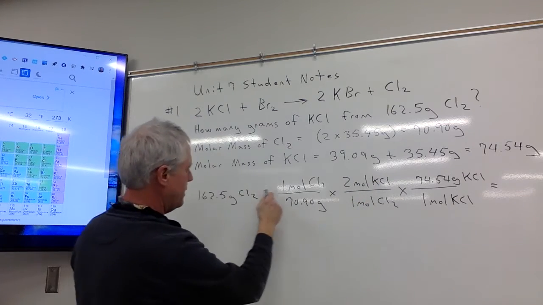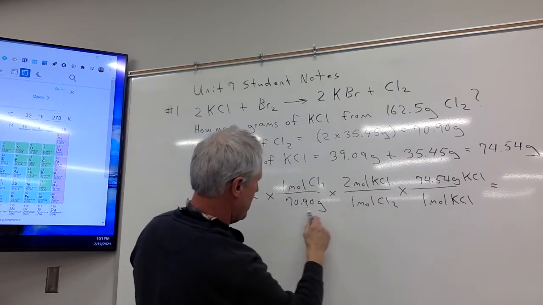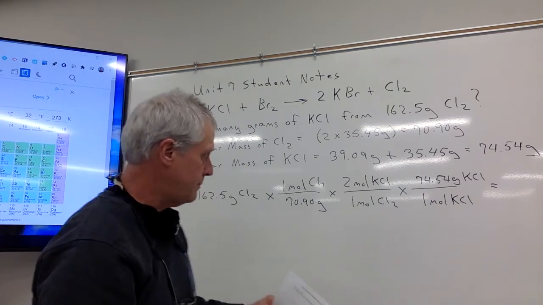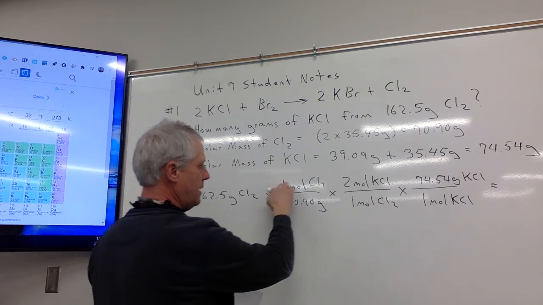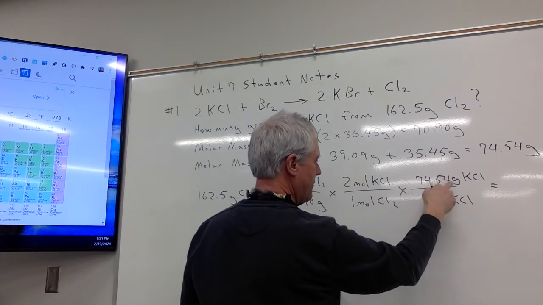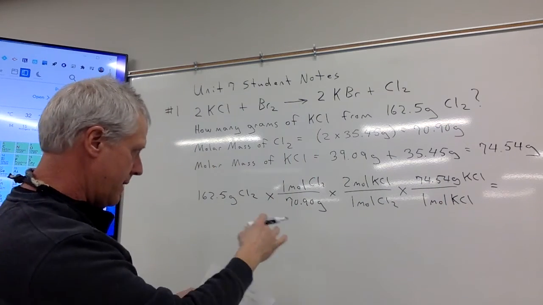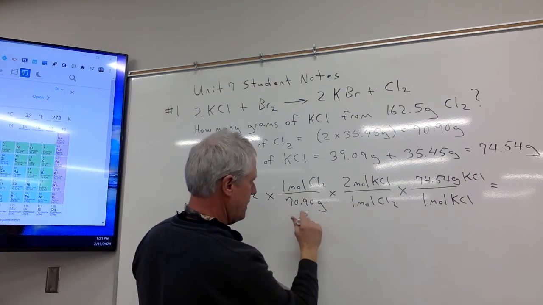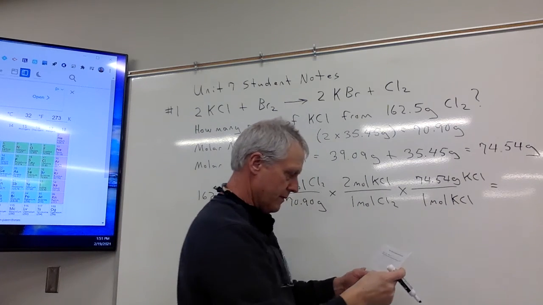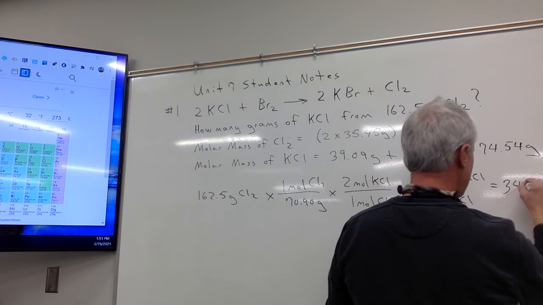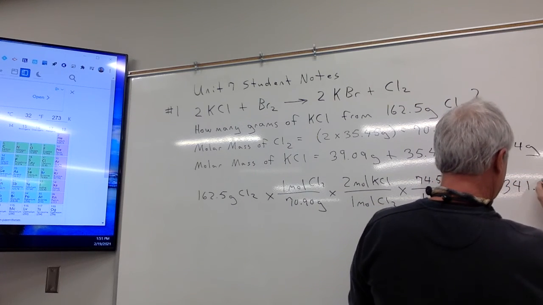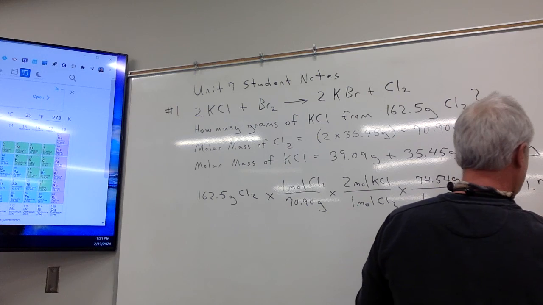You find the product of the numerators, then the product of the denominators, and then divide. So 162.5 times 1 times 2 times 74.54, divided by 70.9 times 1 times 1, and the value turns out to be 341.7 grams of potassium chloride.